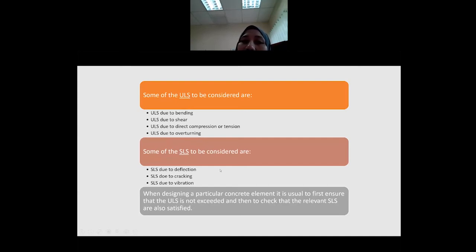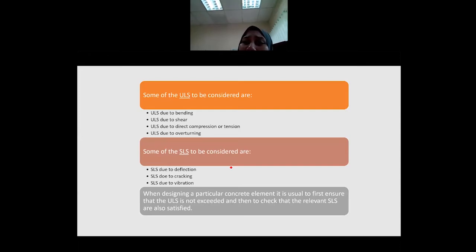Then we have SLS, the serviceability limit state. SLS due to deflection. Deflection is not the same as bending. Bending can cause deflection, but excessive bending can cause breaking, meaning your beam snaps.